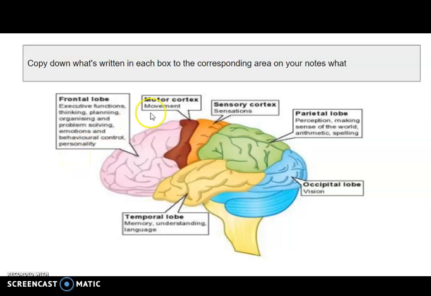Then for number 6, the parietal lobe, you should be putting perception, making sense of the world, arithmetic, and spelling. For the temporal lobe, memory, understanding, language, and then finally the occipital lobe here, you should have vision. That's the easiest one there to remember.